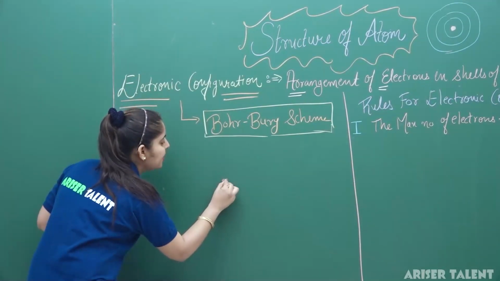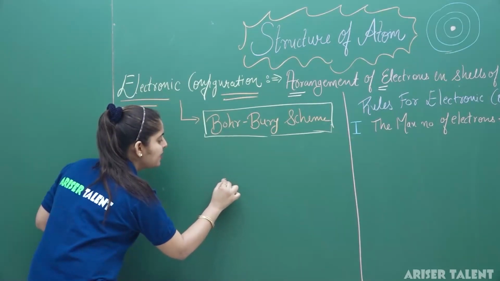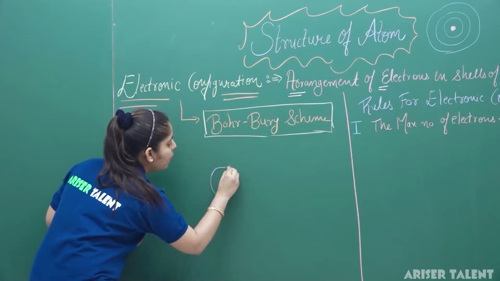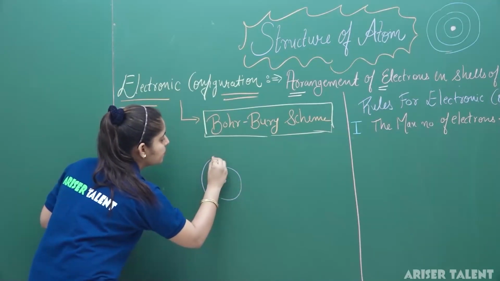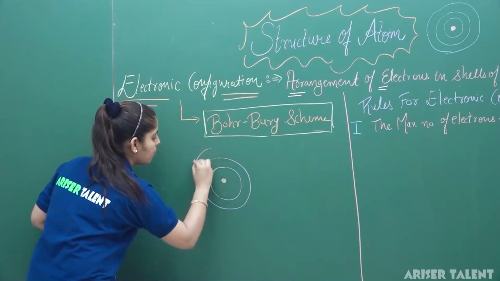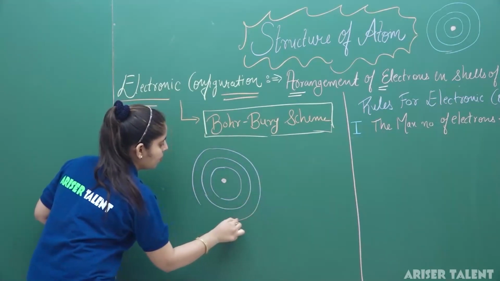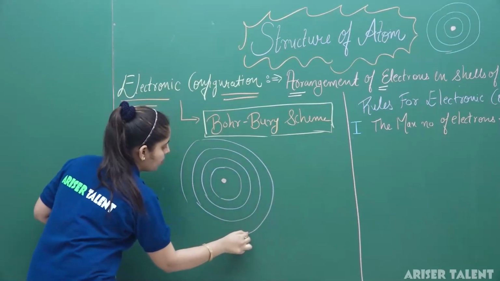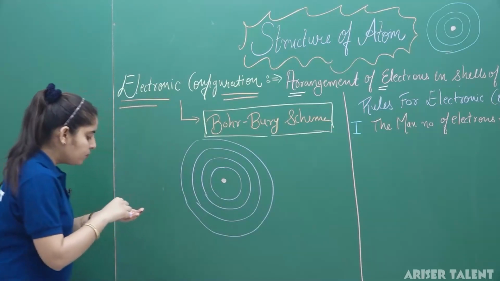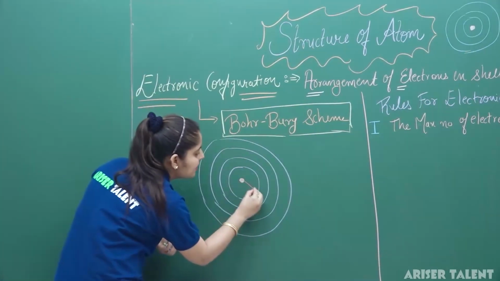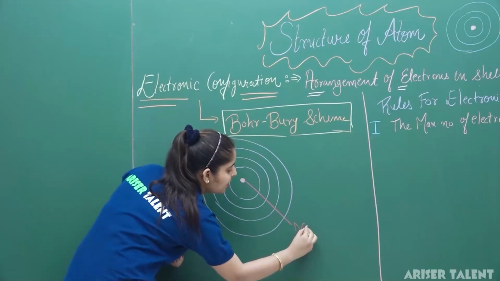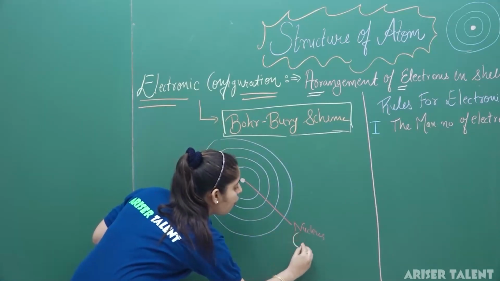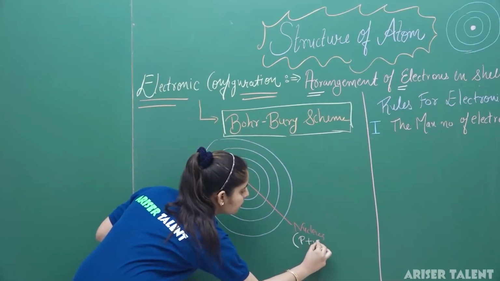Suppose I have considered an atom with the nucleus in the center. Now we will draw the different shells of an atom. Nucleus is basically the sum of protons and neutrons.